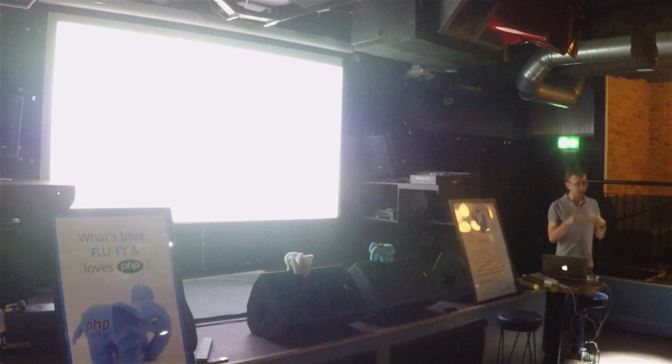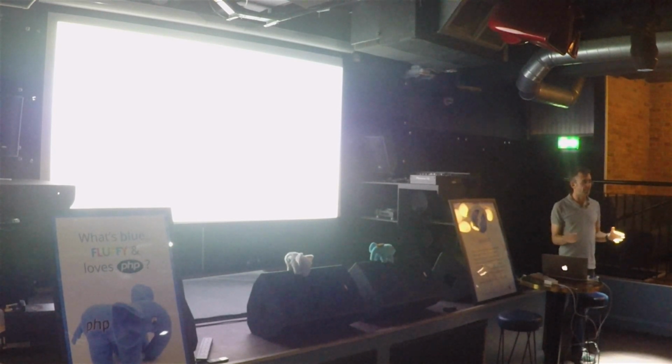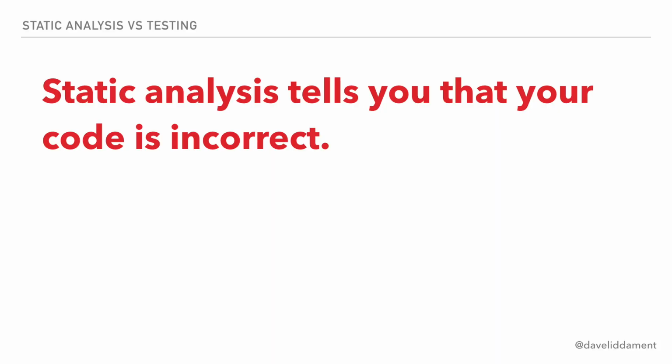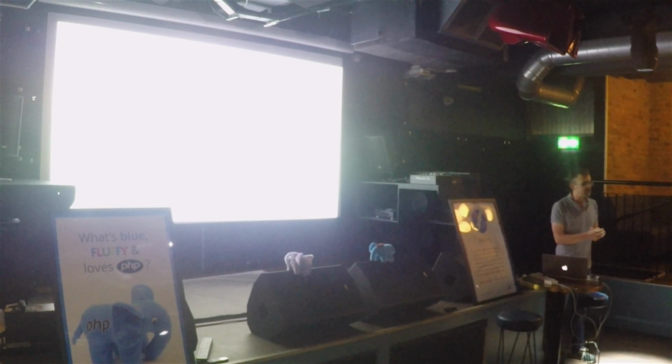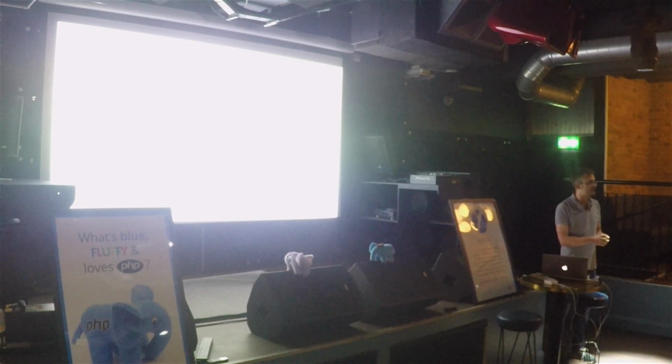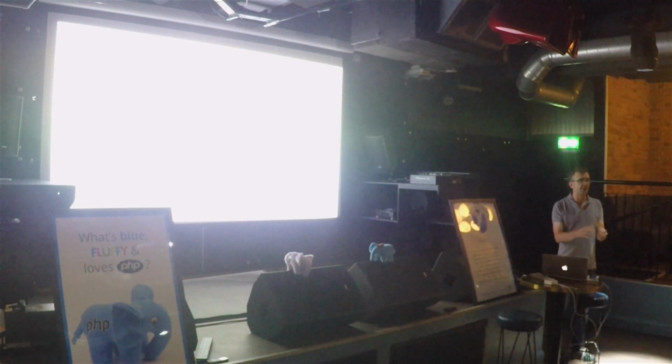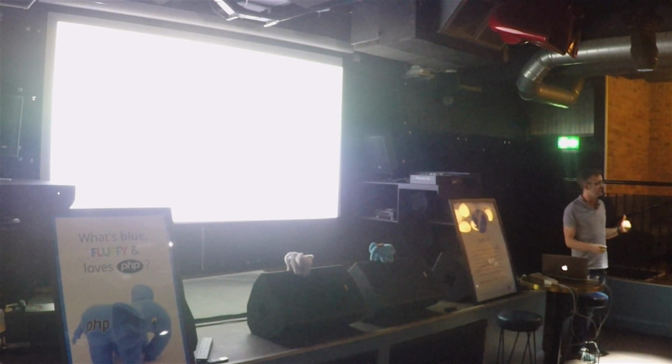So what we've just done here, we haven't run any tests, we've just looked at the code, and we've just reasoned about it, and we can see that there is clearly a problem with this code. So static analysis is a bit naggy in a way, it's a bit negative. Static analysis just tells you that your code is incorrect. That's all it can do. It can't tell you that your code's working and it's behaving correctly, it just tells you you've made mistakes.